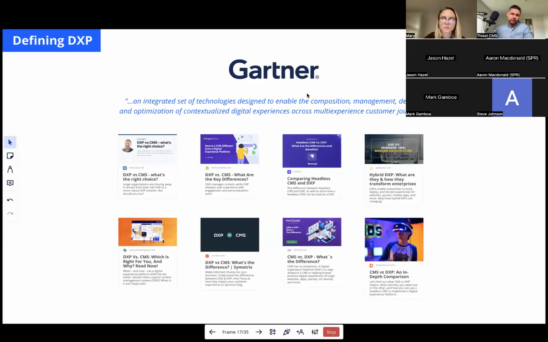Gartner identifies DXP as an integrated set of technologies designed to enable the composition, management, delivery, and optimization of contextualized digital experiences across multi-experience customer journeys. A little confusing. And that's one of the reasons we try to simplify this.